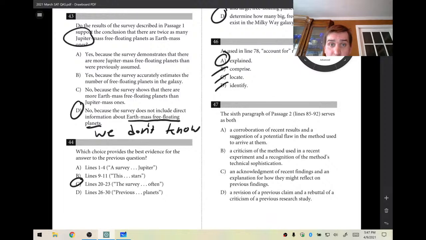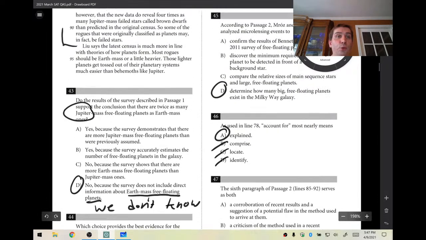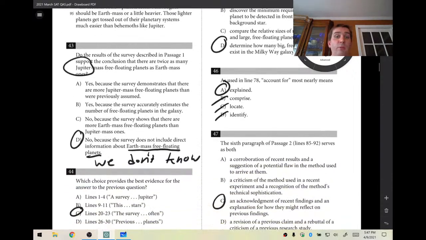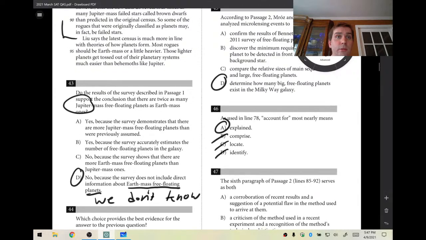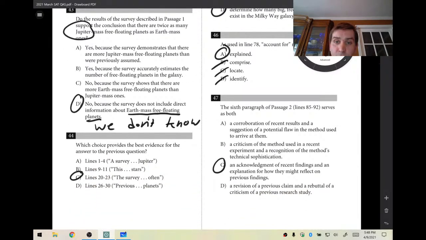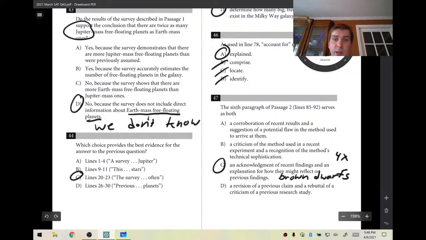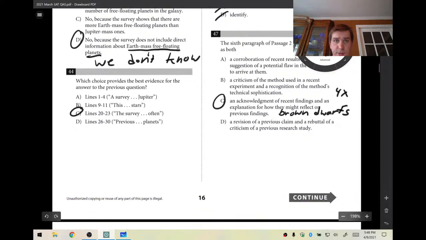So that paragraph suggests C, an acknowledgement of recent findings and an explanation for how they may reflect on the previous findings. The recent finding is 4 times as many. And what's the explanation? Brown dwarfs. So we have both a number, 4 times as many, and an explanation, maybe they're the brown dwarfs.